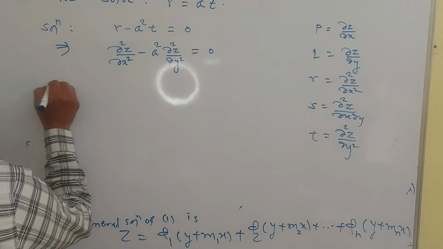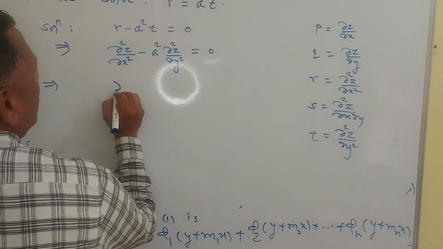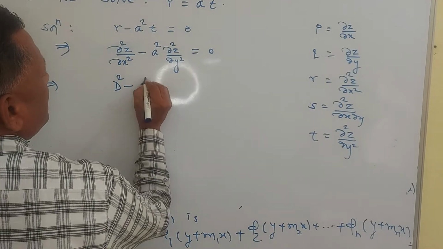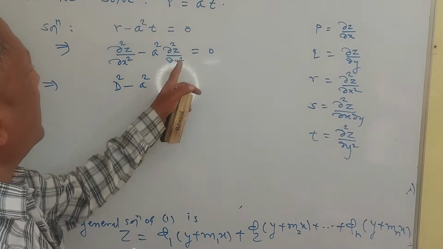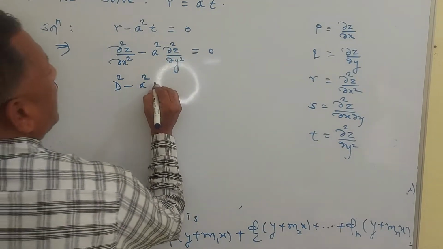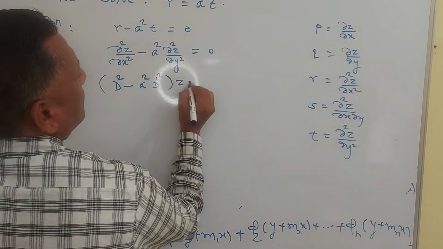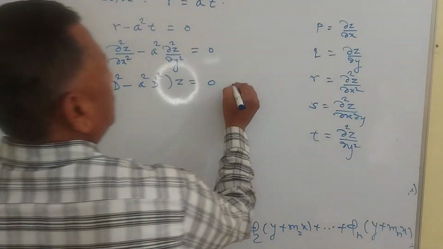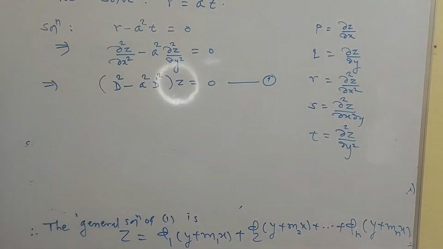Again, this can be written in symbolic form: D square minus a square D dash square operated on z is equal to 0. So this is the symbolic form. You can write equation 1 as this one.